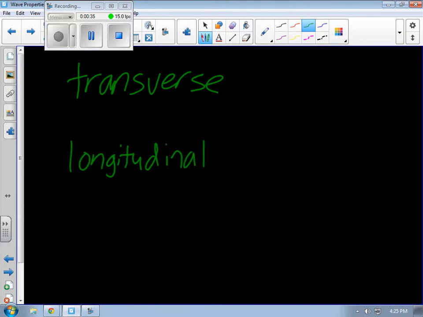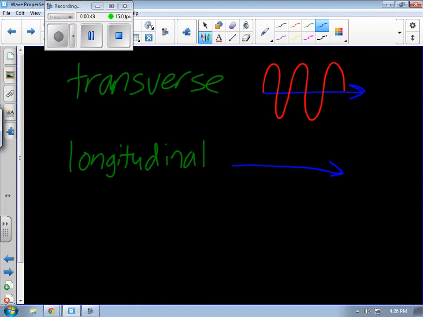Transverse waves had the energy moving in one direction and the wave traveling at 90-degree angles to that energy motion. Longitudinal waves had the energy moving in the same direction, but the wave would move in the same direction as the energy. We're within the same plane. That's my attempt at a slinky, in case you're wondering.